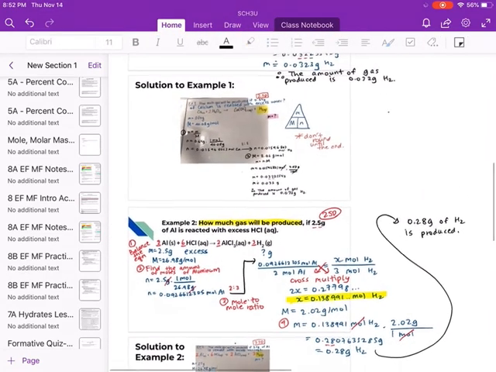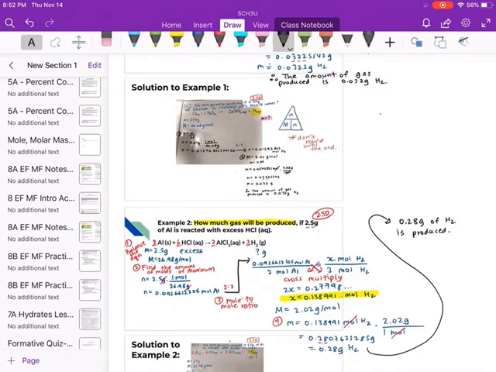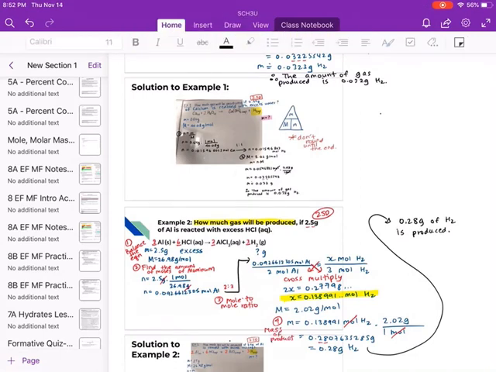So, main ideas. Main ideas is 1, balance the equation. 2, find the amount of moles of aluminum, so the reactant. We don't have to worry about the hydrochloric acid because it is in excess.